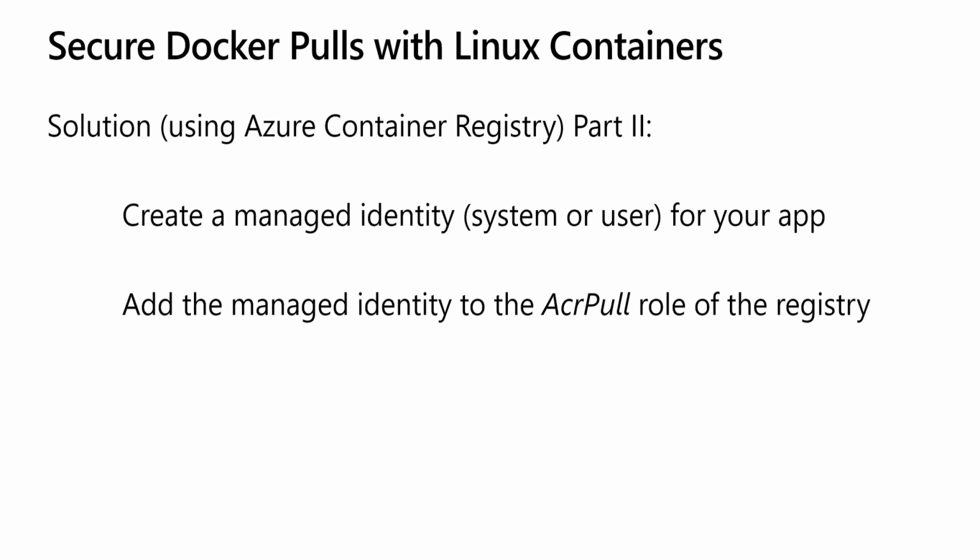Previously, you could only do the virtual network part of the Docker pull, but like I said, we made a very recent update to the service, and now you can configure your app on App Service with either a system identity or a user-assigned identity, and the platform will use that managed identity when it pulls the container from Azure Container Registry. The way that works is that you will add the managed identity to a built-in role called the ACR pull role over in Azure Container Registry, and that is a very restricted role that only has rights to do Docker pulls out of ACR.